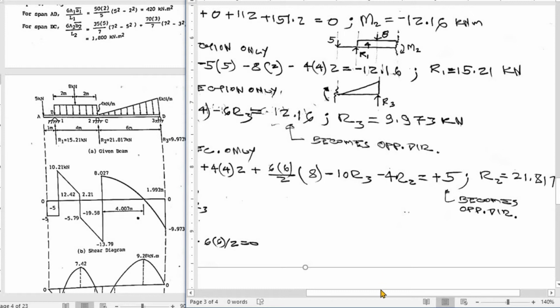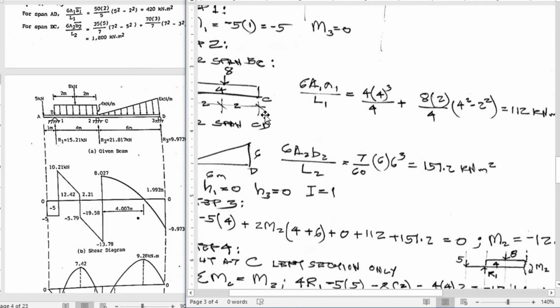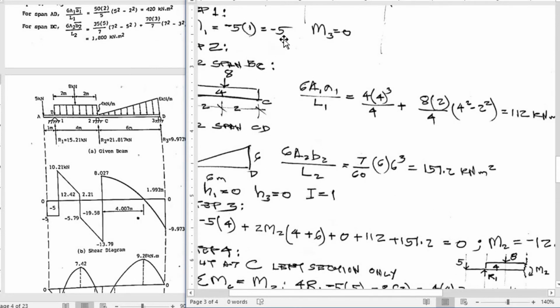And what is left here is equal to positive 5. Okay? Note na yung M1 originally, that is negative 5. Ano? But M1, that is if you're considering the left, negative. Pero pag dito na sa right section, opposite direction yan.